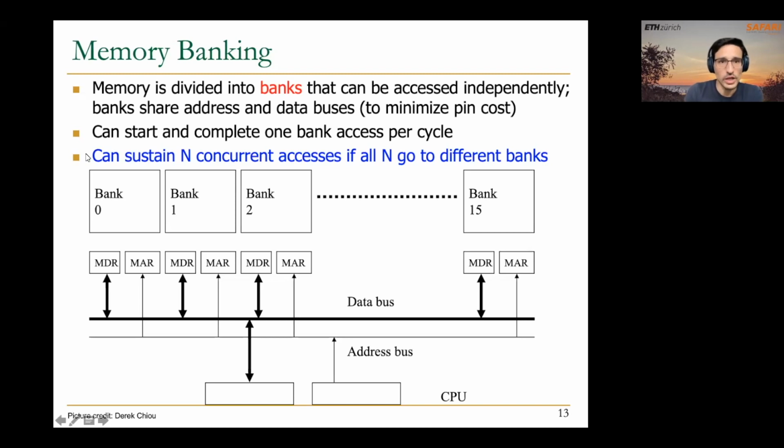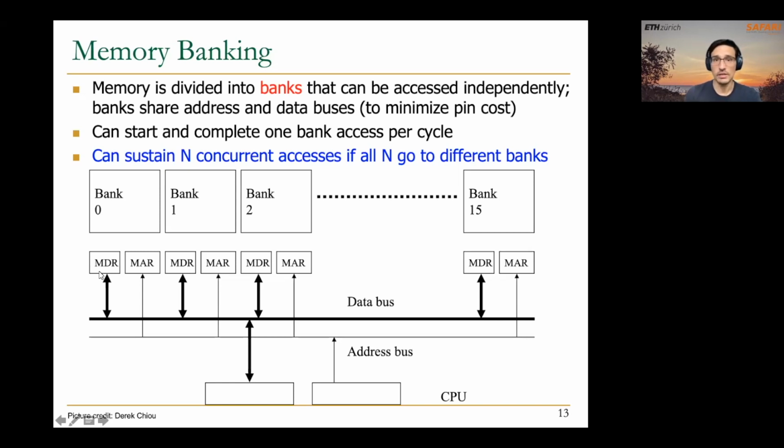Observe that for each of these banks, we have a memory address register and a memory data register. Using the address bus, we place in the memory address register the address that we want to access from each bank, in this case from bank 0 or bank 1. And after a number of cycles, the memory latency, we will have in the memory data register the value that we want to retrieve.